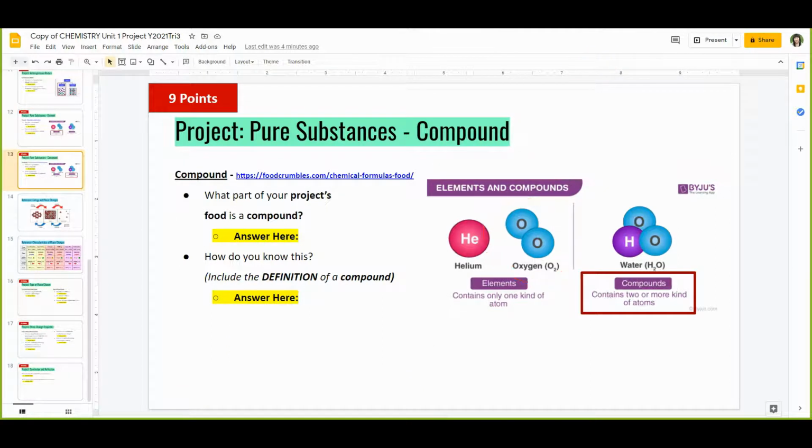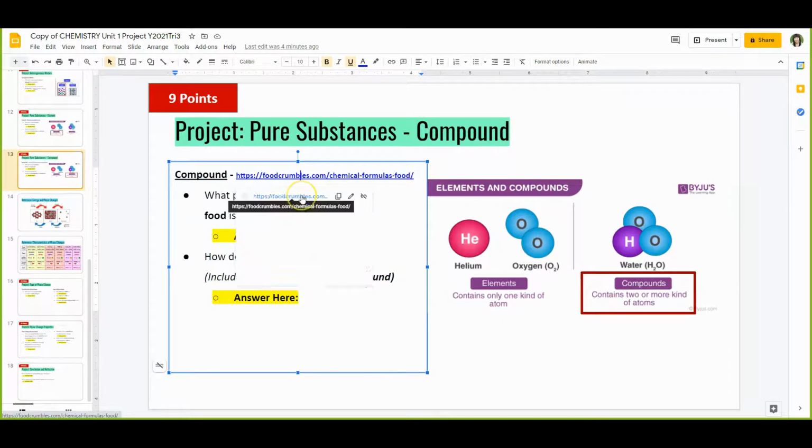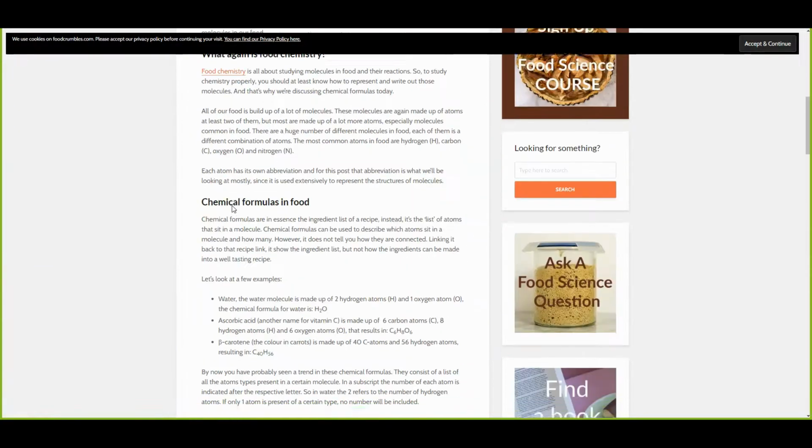Taking a look at our compound right here. What part of your food is a compound, and how do you know this? Remember, we talked about how compounds contain two or more different types of atoms. Now, I actually do have a website here that will give you lots of different ideas. So if you click on this website right here and scroll down, you'll be able to see some examples.